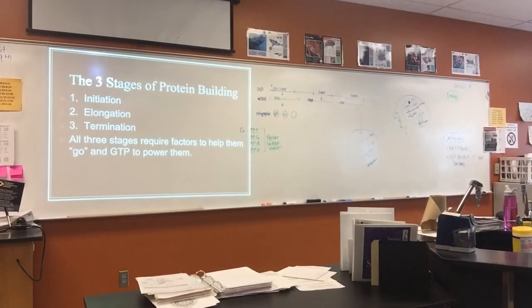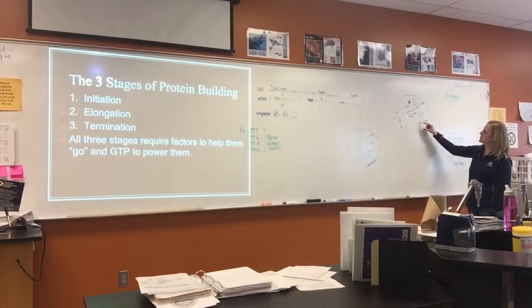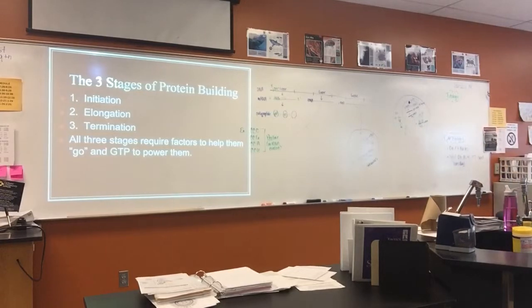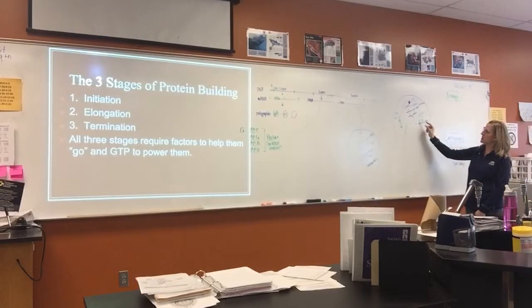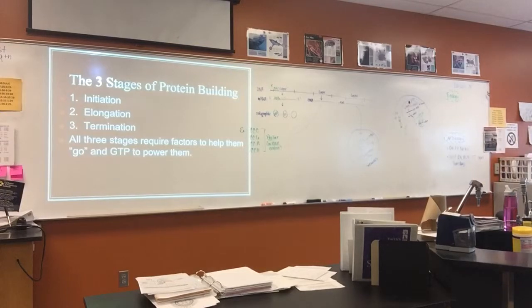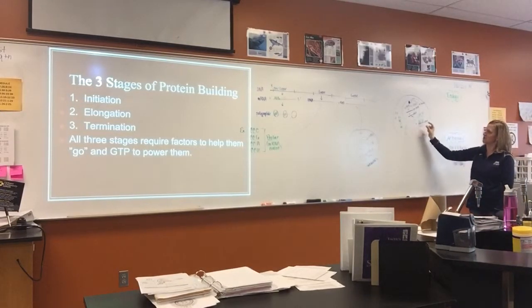Okay, so we're going to look specifically now at the ribosome. How do these tRNAs bring the amino acids to hook together? And there's three stages. Initiation. So when the mRNA comes to the ribosome and you have a start codon, that's the initiation process. And so the first tRNA brings the first amino acid, and that's initiation.